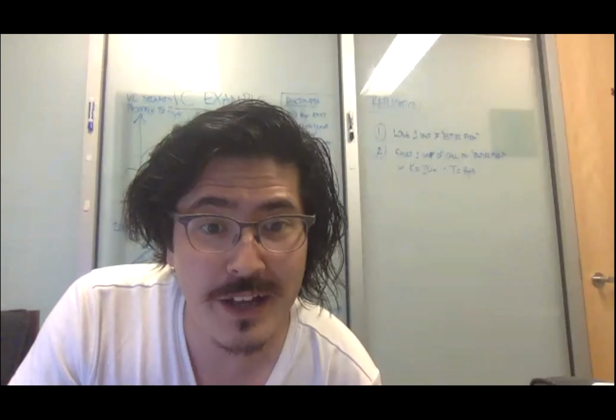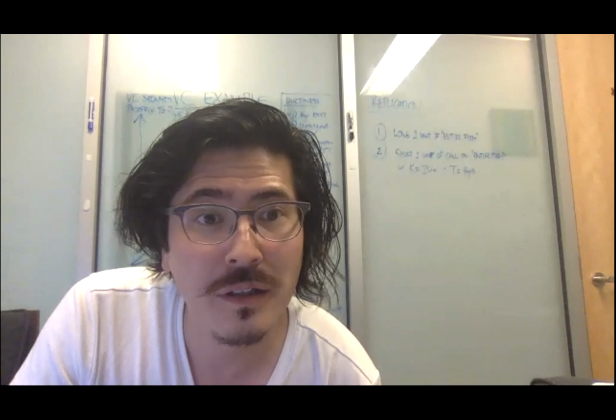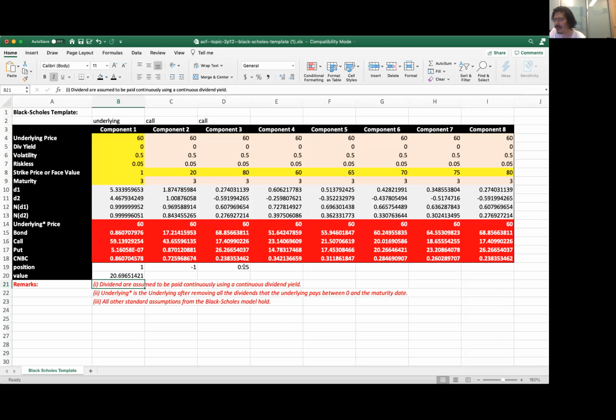So let me share my Excel now. Can you guys see my Excel again? Yes. I only need to change one number and I'm going to have your answer. What number do I need to change? The third one. The third one becomes what? 0.